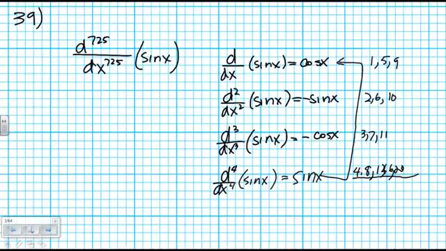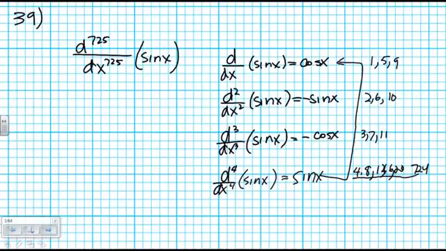So what we want to do is, where do we end up close to? What multiple of 4 gets us closest to 725? 724. 724 is a multiple of 4. So the 724th derivative is here.